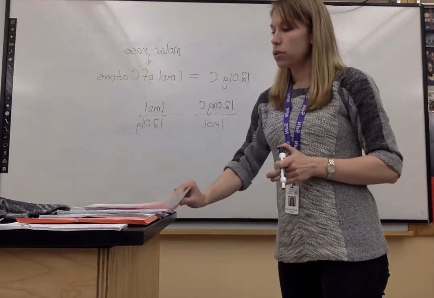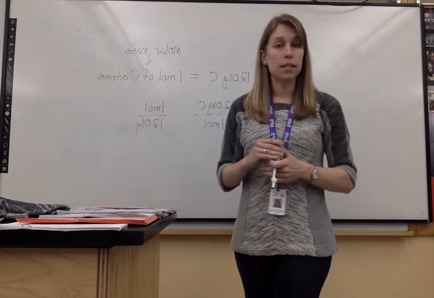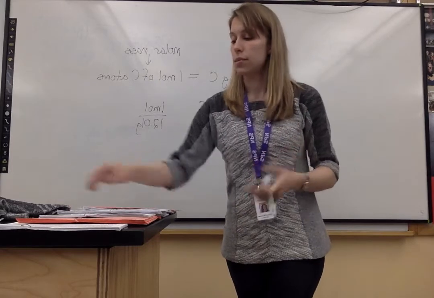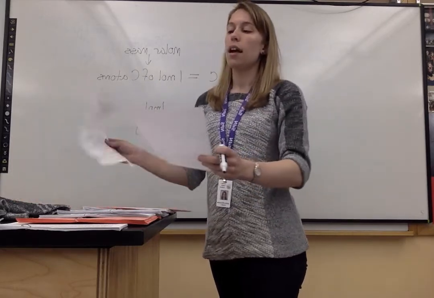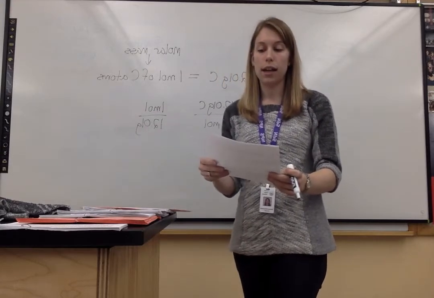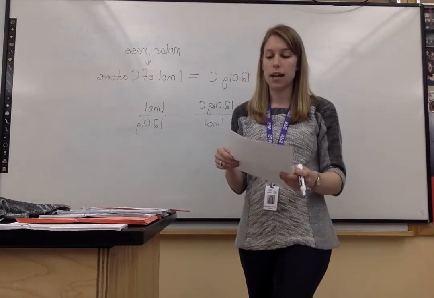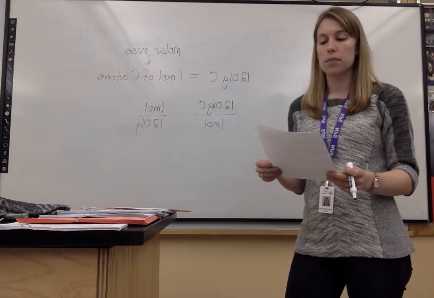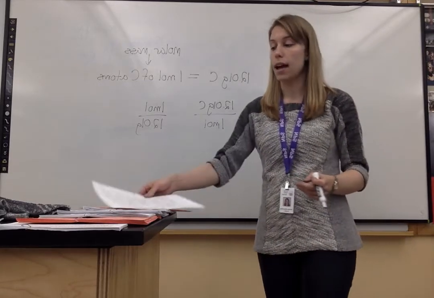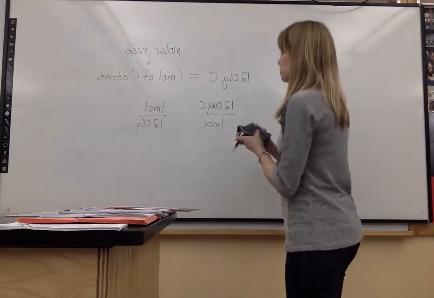Let's do a practice problem to see how we might actually use these ratios. Pull out your handy dandy worksheet. I'm looking at number 7, under the mass to atoms or atoms to mass section. Number 7 asks, what is the mass of 6.99 times 10 to the 23rd atoms of potassium.